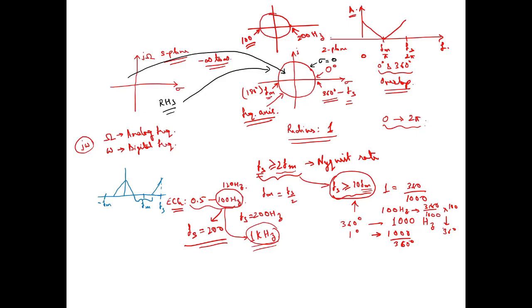In our previous class I told that due to the non-idealness of the electrical components, the high frequency components present somewhere over here get mixed up with the low frequency components. So we get some mixing up, and this is regarded as spectral leakage.